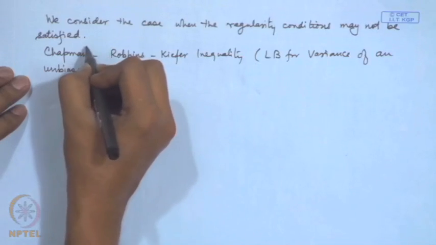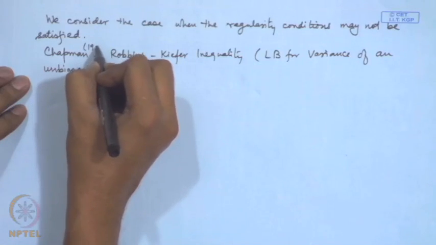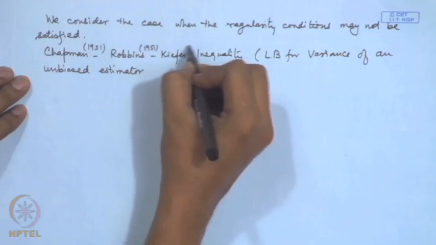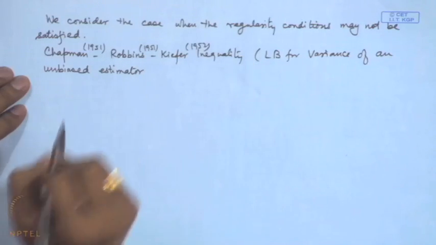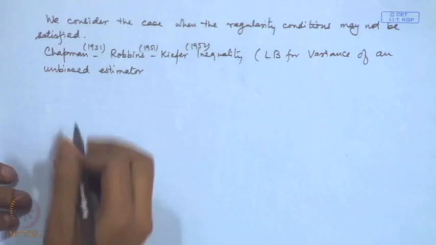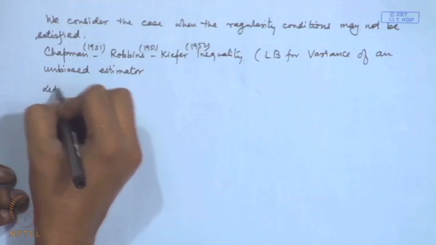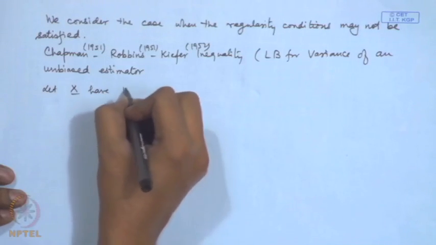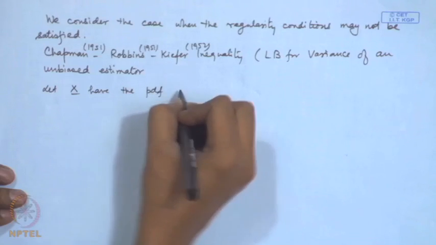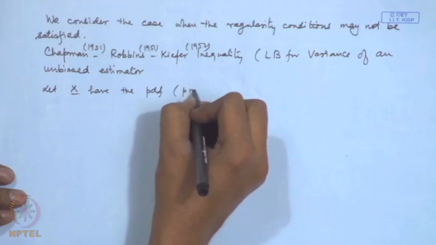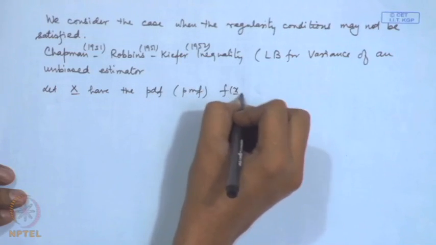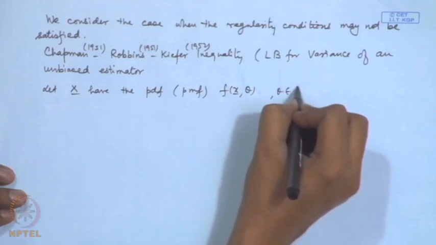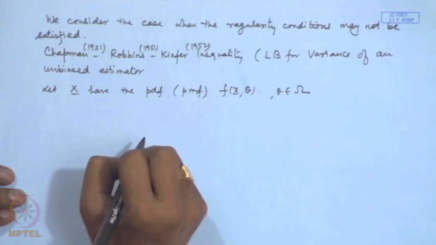This is developed by D.G. Chapman-Robbins and Kiefer. So, let x have the probability density function or probability mass function f x theta, I am already writing for sample here, where theta belongs to omega.